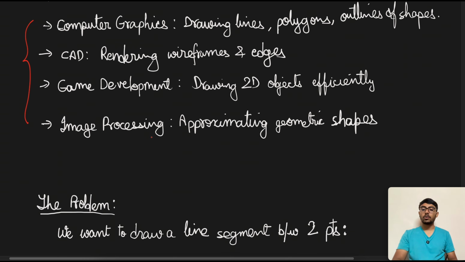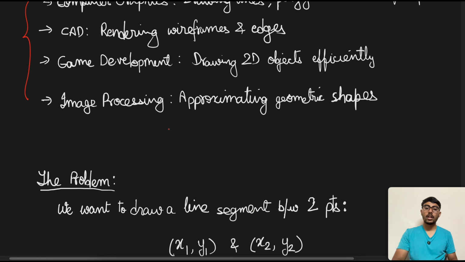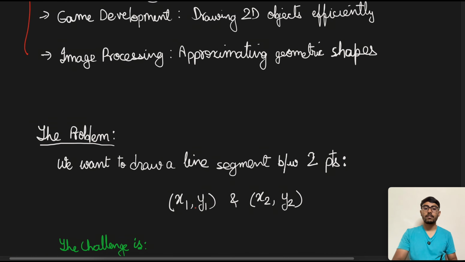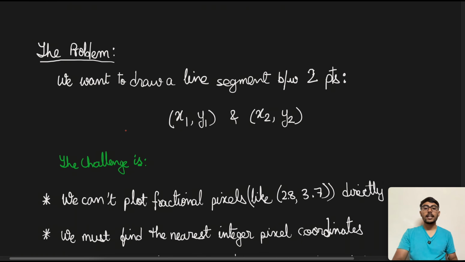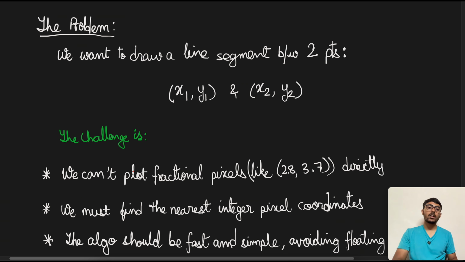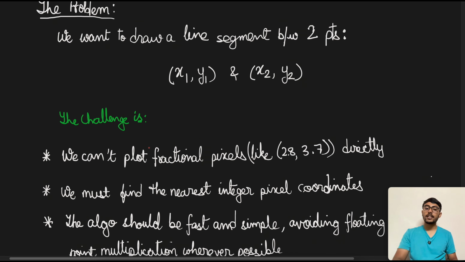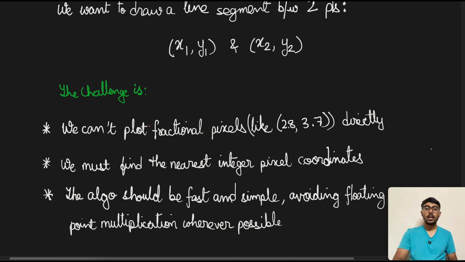Then we come to the problem itself. So we want to draw a line segment between 2 points (x1, y1) and (x2, y2). The challenge, however, is we can't plot a fractional pixel like (2.8, 3.7), right? We must find the nearest integer pixel coordinates. We'll see how. The algorithm should be fast and simple, avoiding floating point multiplication wherever possible.